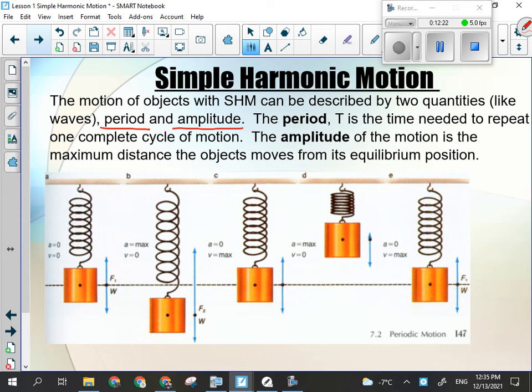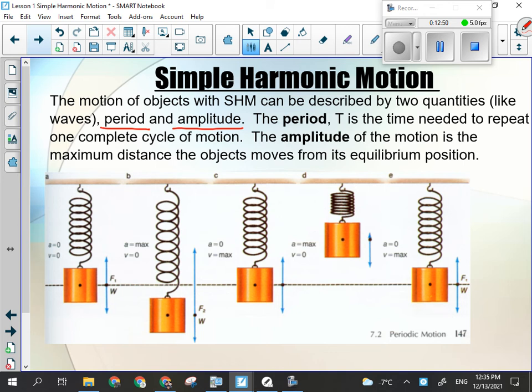Period is the time for one cycle, okay? So for something that was orbiting or moving in a circle, it was the time for one revolution. In simple harmonic motion, it's the time for one complete oscillation. So that's out to one side, back through equilibrium out to the other side, and back to equilibrium, okay? It's got to go through equilibrium twice, okay, to be a full cycle.